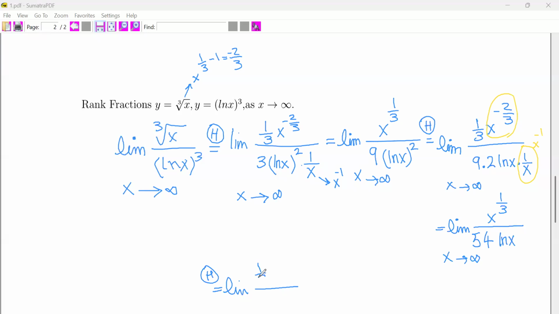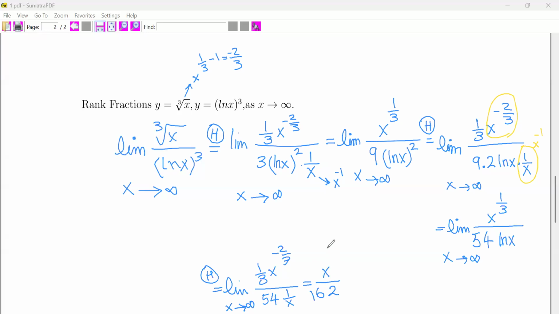It will be 1 over 3 x to the power negative 2 over 3, as we did a couple of times before, over 54 times 1 over x as the derivative of ln x. And it will be 1 over 3 divided by 54. It means 3 multiplied by 54, so it will be 162.